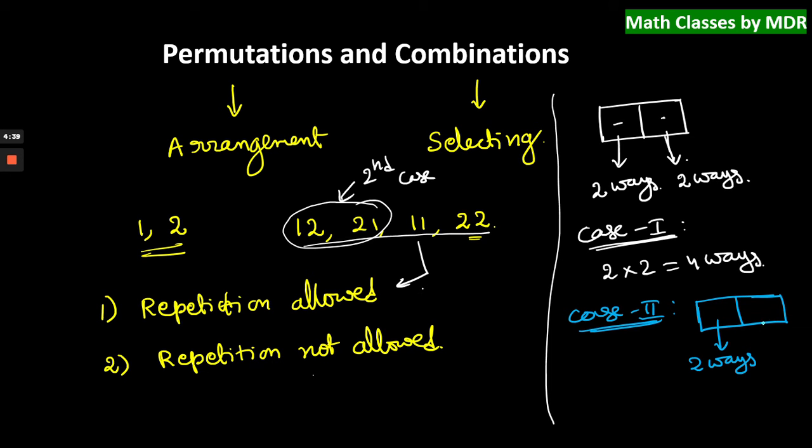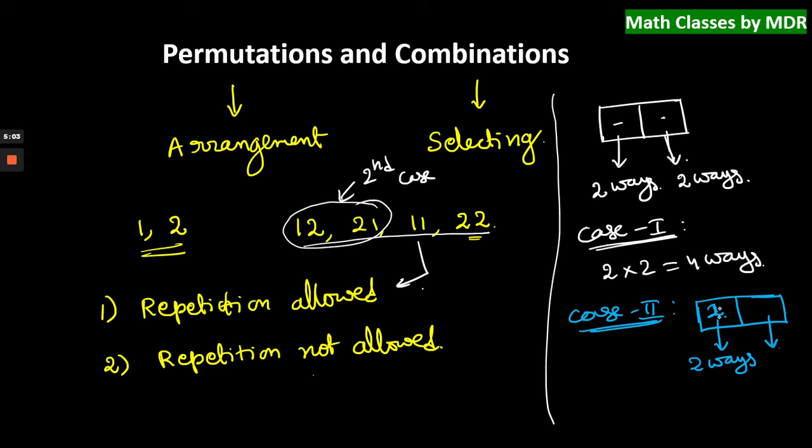In the units place, I can use only one number. What does it mean? Suppose I use 1 here, I cannot use 1 in the units place because repetition is not allowed. Suppose I have used 2 here, I cannot use 2 again in the units place. That means how many numbers are available for me to use in the units place? There is only one number, that is 1.